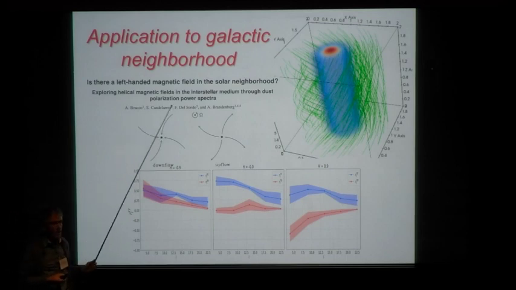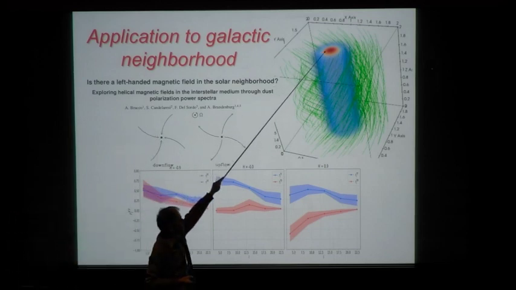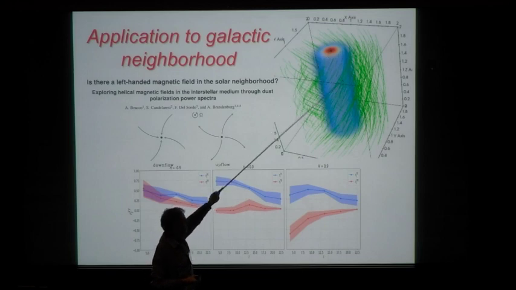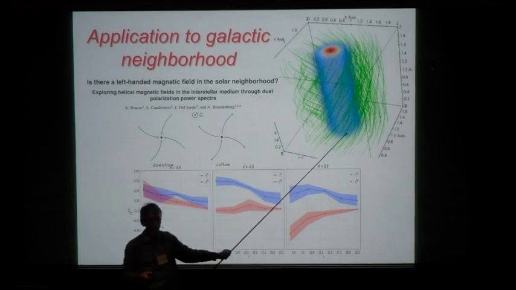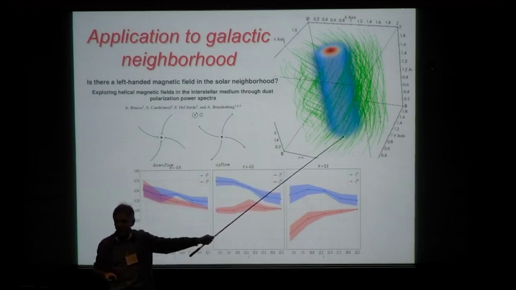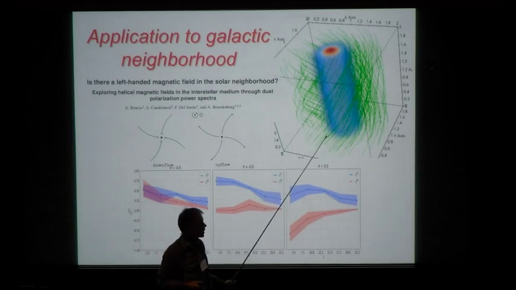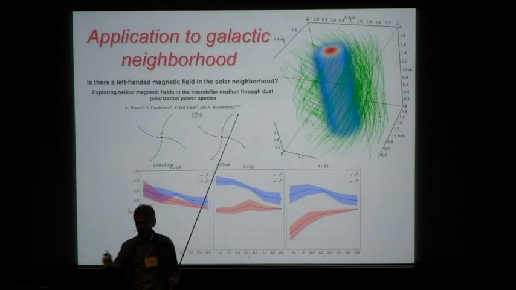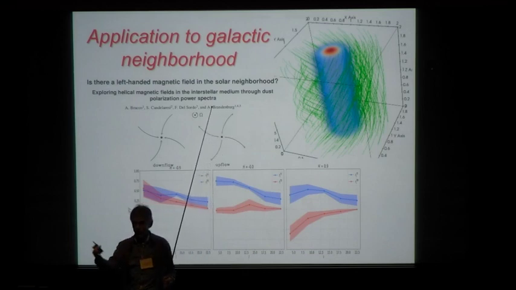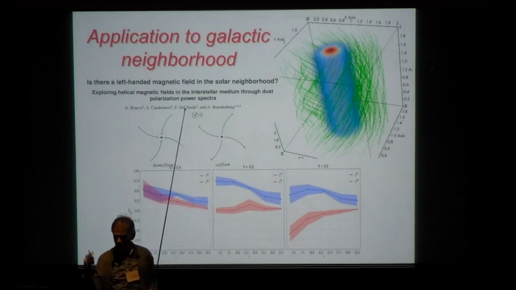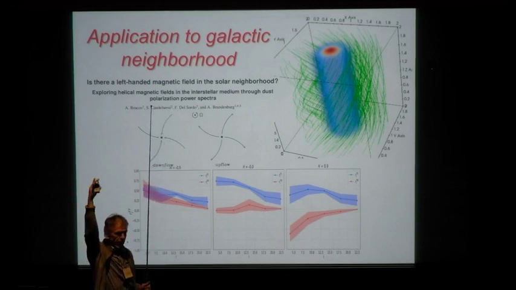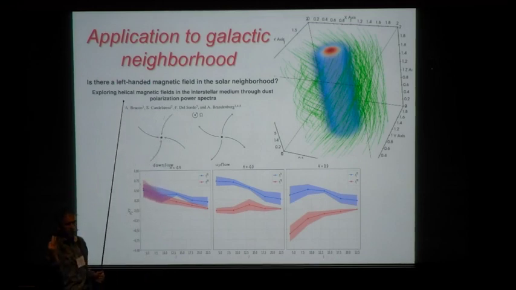What, however, if we position ourselves somewhere inside the cylinder? And so now we are thinking of a completely different thing. We are not thinking of this being a filament, but of a large-scale magnetic field around us in the solar neighborhood, which has both an axial component along an axis and a toroidal component.